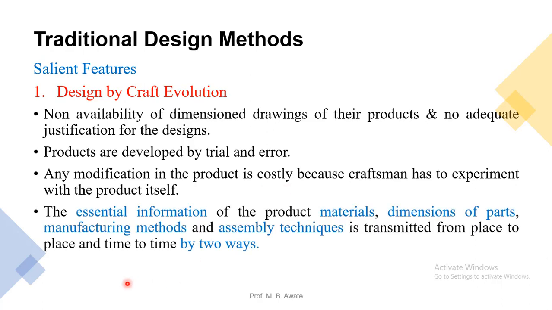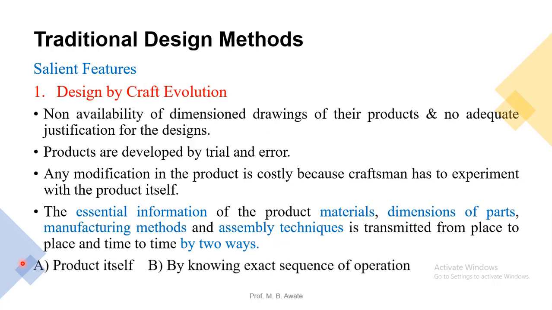And a very important point: the essential information of the product, like material, dimensions of the parts, manufacturing method and assembly techniques, is transmitted from place to place and time to time by using two ways. So for a product manufactured by using the craft evolution method, its essential information is transmitted by only two ways.